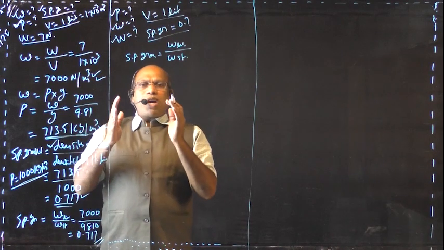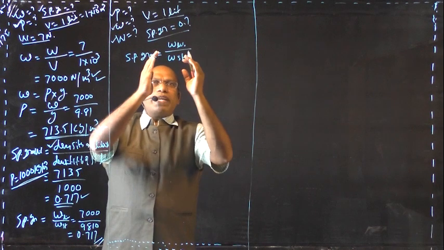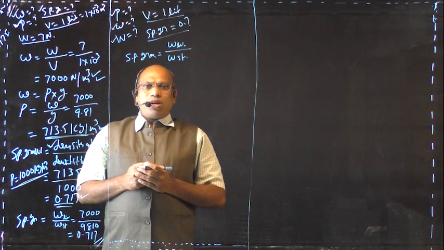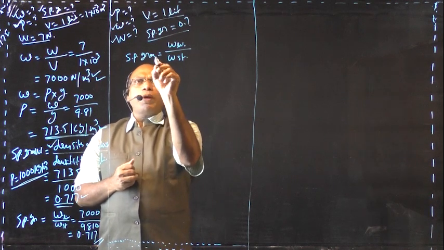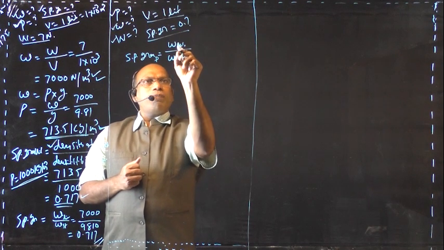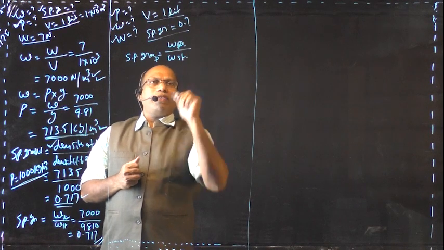Now, specific gravity of any liquid is equal to the specific weight of that liquid divided by the specific weight of the standard liquid. So the specific gravity of petrol is equal to the specific weight of petrol divided by the specific weight of the standard liquid.